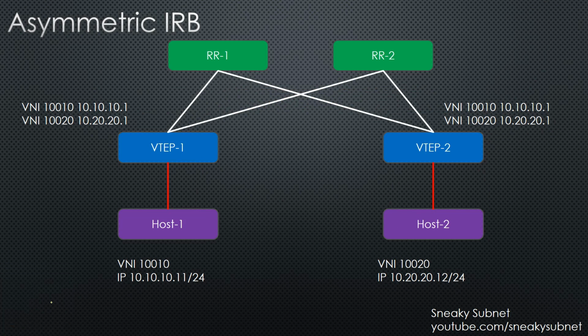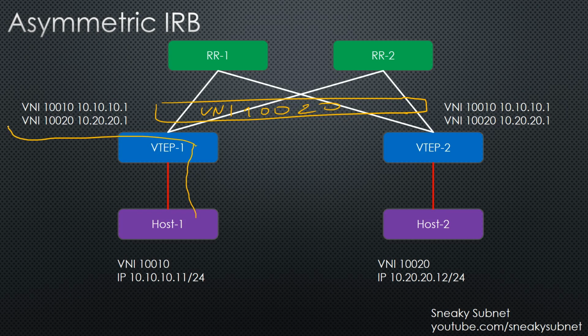One more time. So when host 1 talks to host 2, it goes to its default gateway. Here is our VNI 120, because it goes like that. It gets routed here. It goes through that VNI, it goes to VTEP number 2, and hits host number 2.